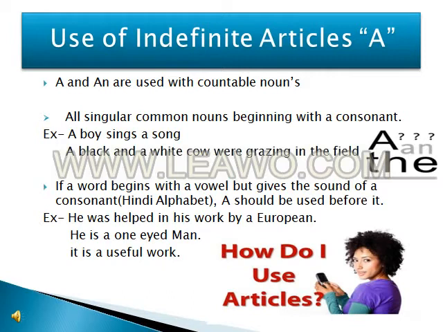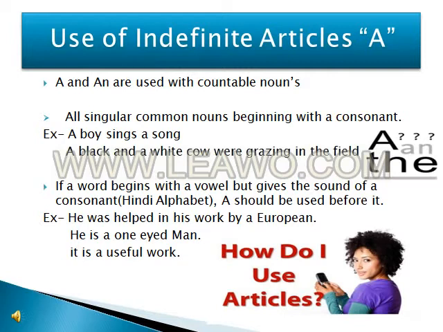So first go with the first example. He was helped in his work by a European. Here, the spelling of European begins with E. E is what? In the English alphabet, E is a vowel. But we will not use an here because, as I mentioned, we go with Hindi alphabets, because European sounds begin with Ya. In the Hindi alphabet, Ya is a consonant. That's why a is used here.